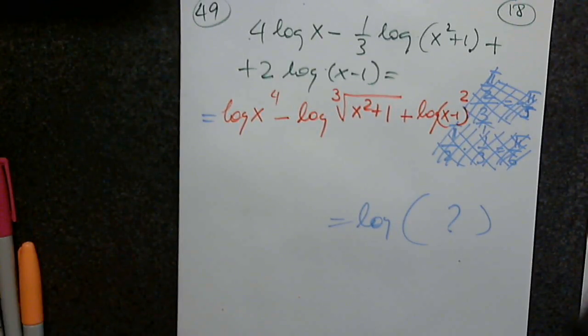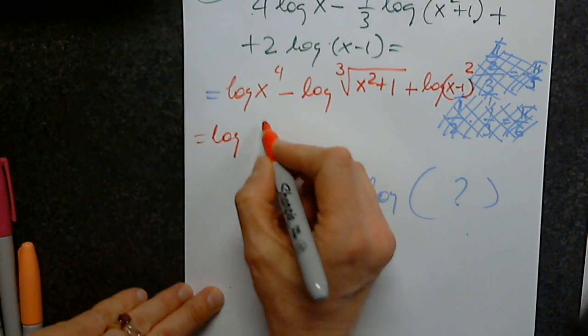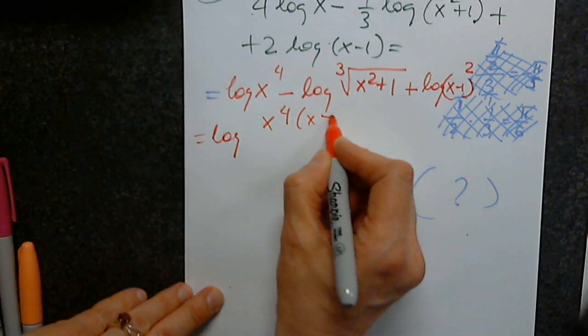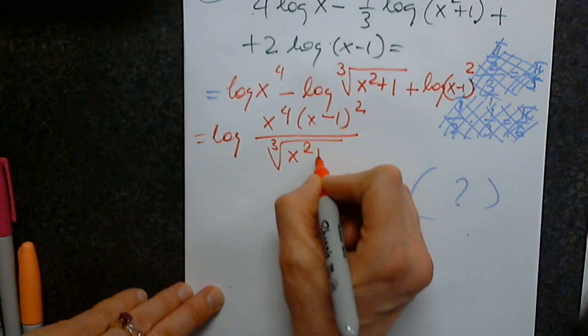Now, my next step is everything that has minus in front will go to the bottom, everything that has plus in front will go to the top, no matter what order, because I can rearrange the order. It's a sum of numbers, right? So then I have log x to the 4th x minus 1 squared over the cube root of x squared plus 1.